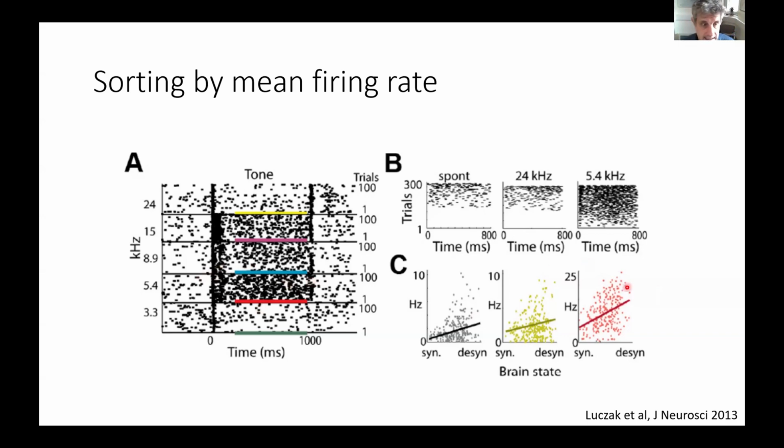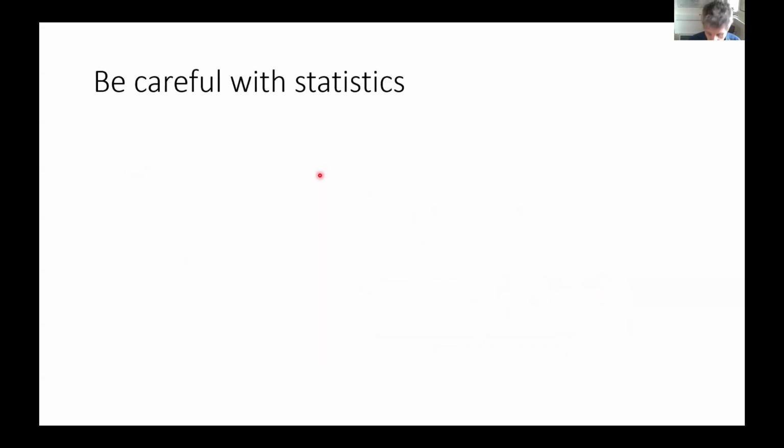And we got all of this by doing this sorted raster plot, where rather than being sorted by chronological order, it was sorted by the firing rate on that trial. So the message I want to convey here is that these rasters are your best friend. They're the first thing you should do. You should spend literally days just looking at rasters of your data until you feel you've got some understanding of what's going on.